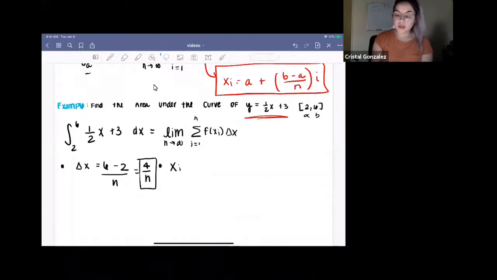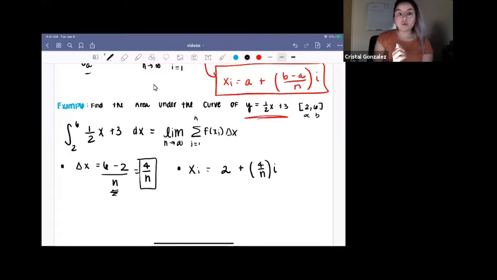And then for our xi, we are going to do a plus (b minus a) all over n, which, since we already calculated b minus a, that's right there, we can just say a, which our a value is 2, plus 4 over n times i. Okay, perfect.